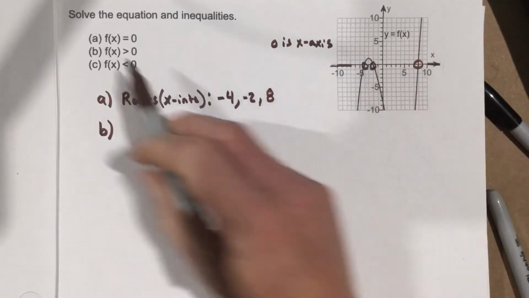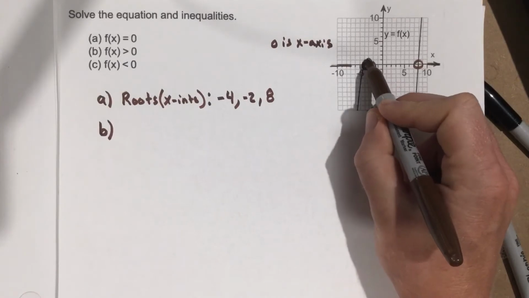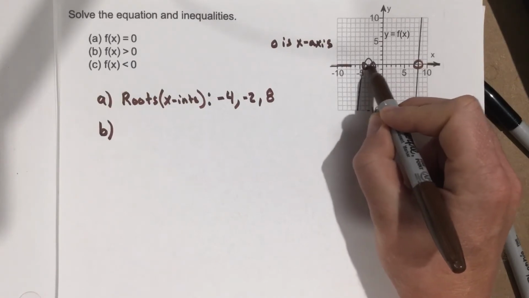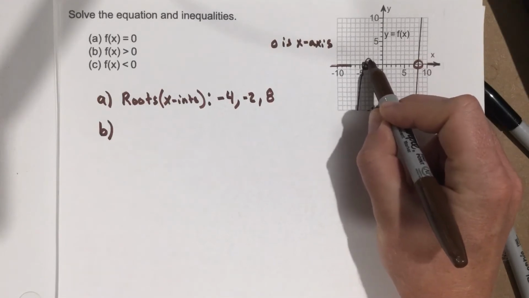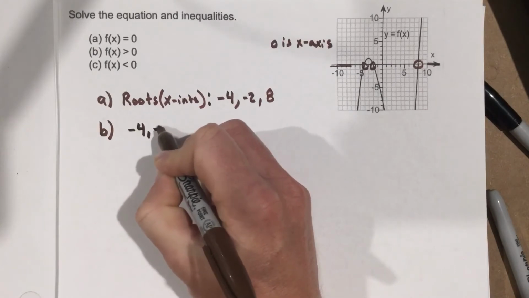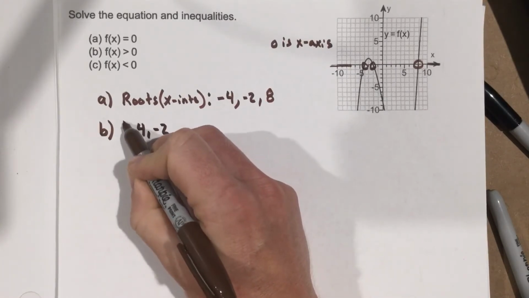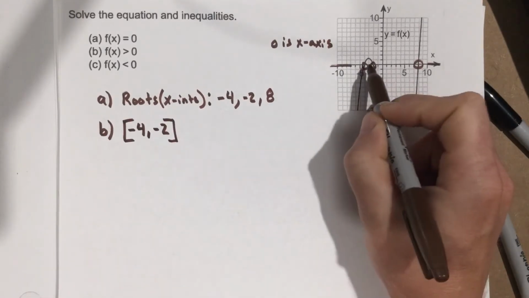So where's the function greater than 0? Well, the function is greater than 0 between the two roots -4 and -2. So we can write that -4, -2 with a bracket is where part of our solution set is.